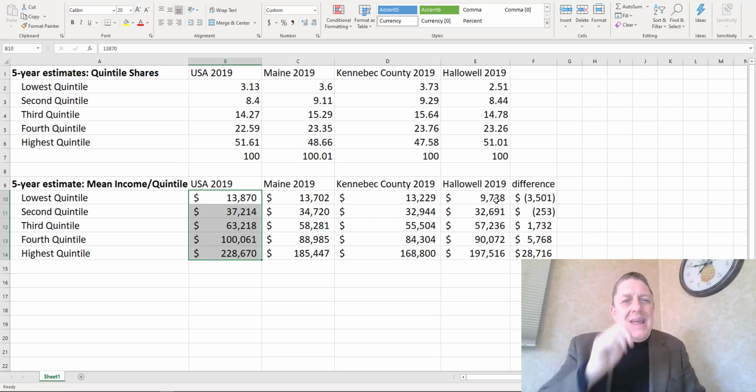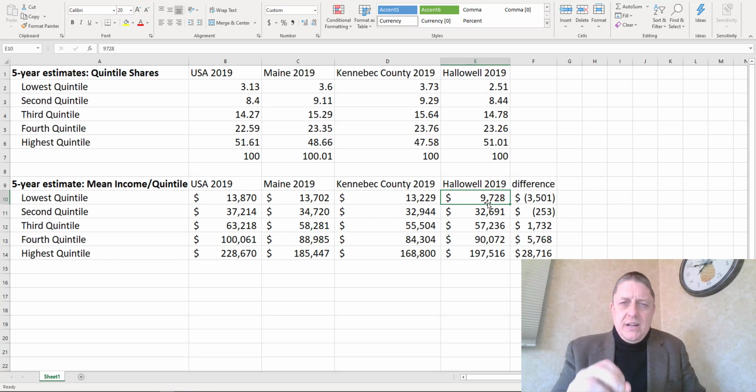But even though that's the case, the really low income for the poorest of the people in Hallowell is so much lower than any of these other geographies that it kicks up this income inequality for the low quintiles, the lowest one particularly, that we saw here.